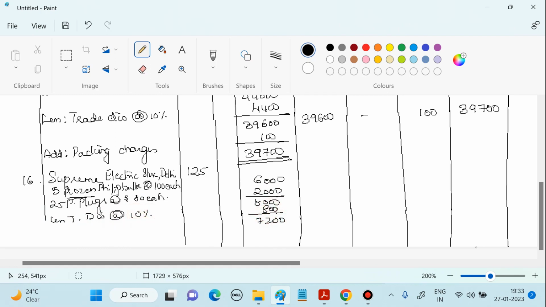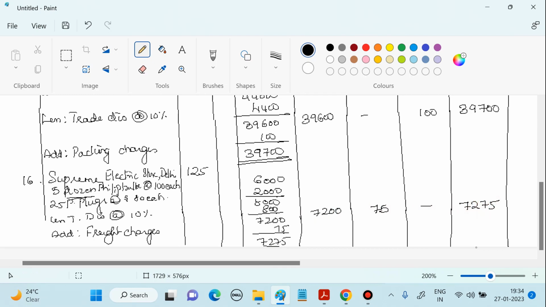But there is a freight charge of 75. So 7,275. Add freight charges. So now this 7,200 is the cost and 75 would be in the freight column and the total is 7,275.